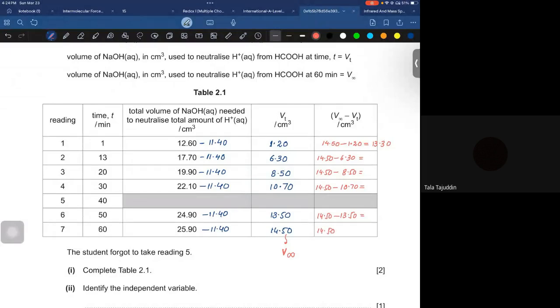And 14.50 minus 14.50 would of course be 0.00. Then this would be 8.20, and this is 6.00. This is 3.80. Okay, and this is 1.00.